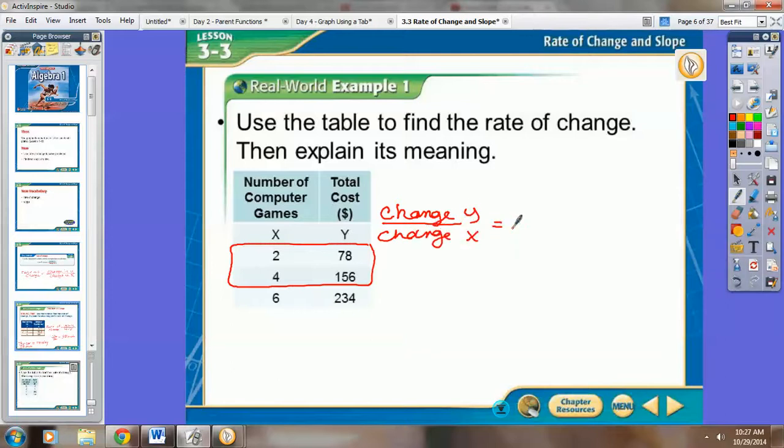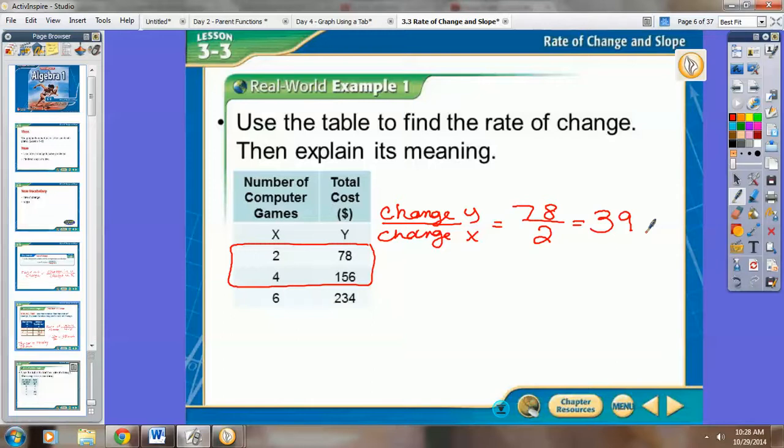So the change in our y values, I'm going to do 156 minus 78, which is 78. And 4 minus 2, change in the x's, is 2. What is 78 divided by 2? What did we find? 39 what? Well, what is your y value measuring? Cost.